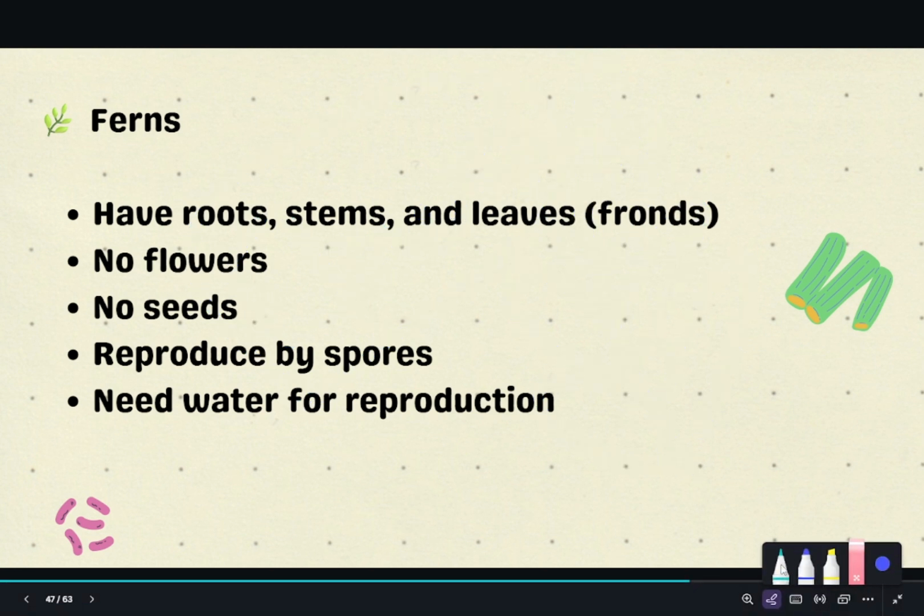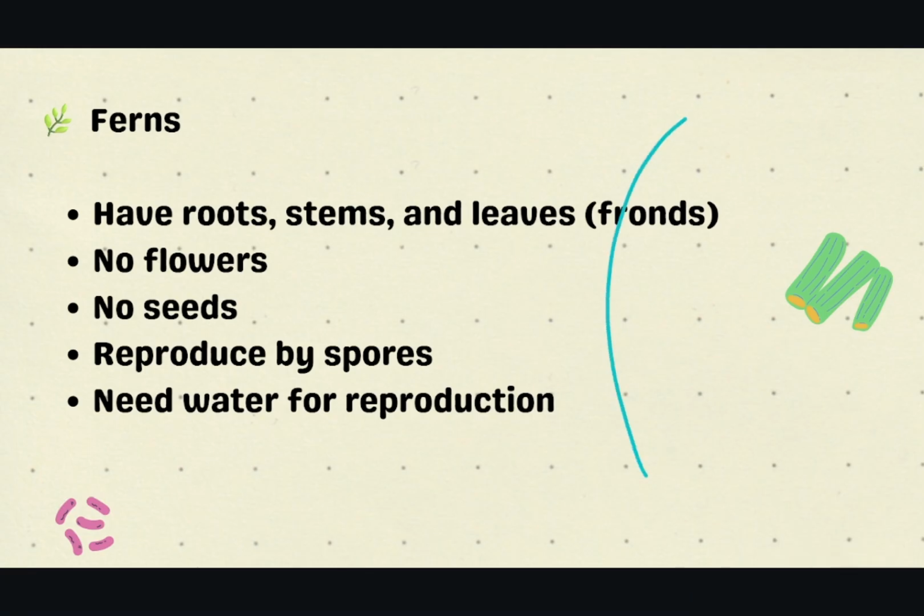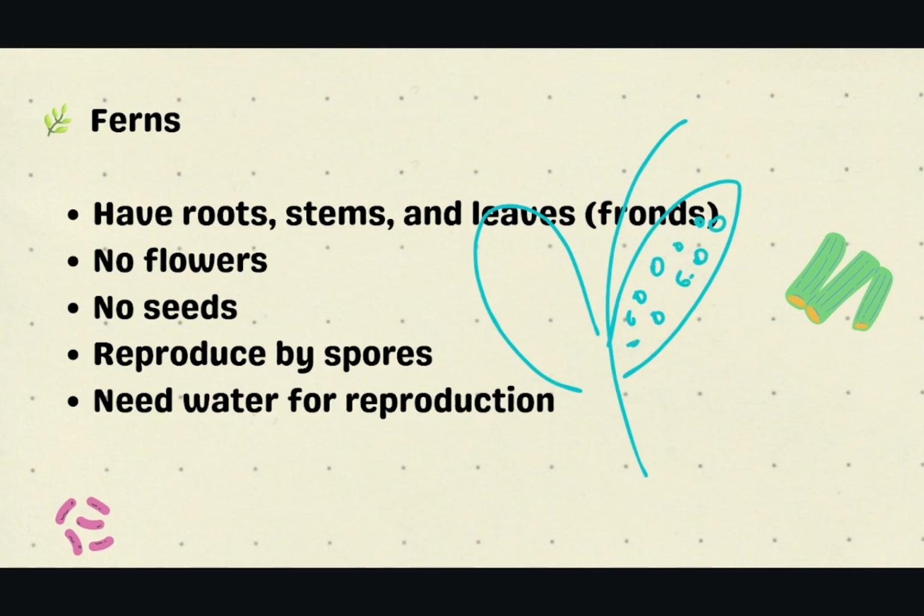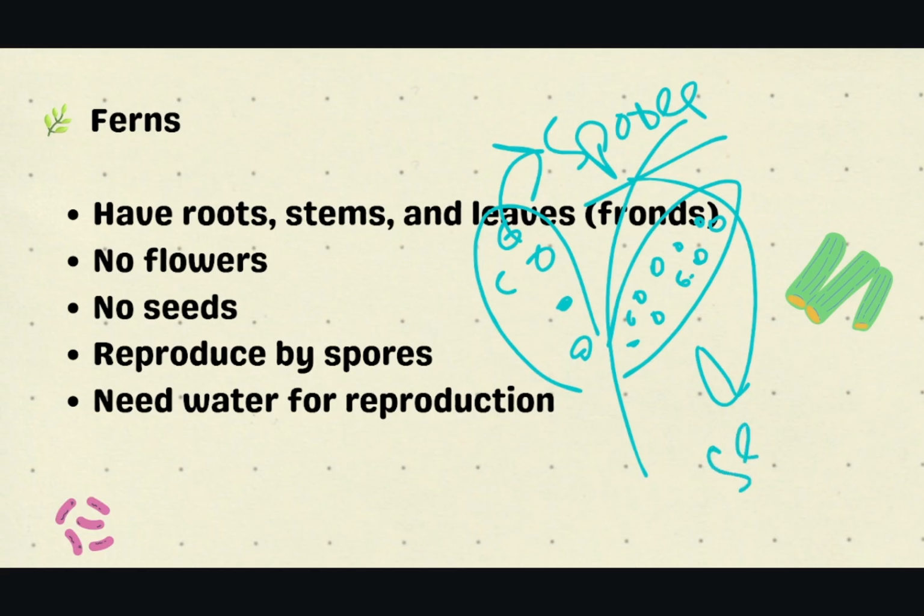And spores actually develop. So if this is a fern, then on the underside we have circular type of stuff, and we call these as spores, all right? And then these spores actually develop into seeds, and then new plants develop, all right?